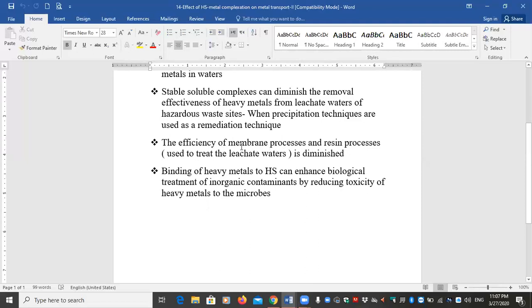So if you have complexation, that means you have larger sizes, and larger sizes will not go through these pores of the resins, which means this process also is being diminished. It's not going to go very well. So this is another bad example.